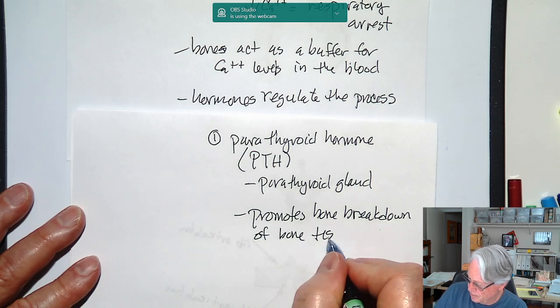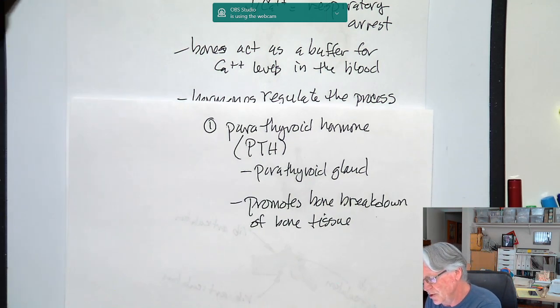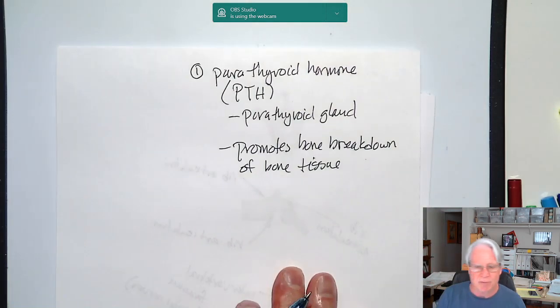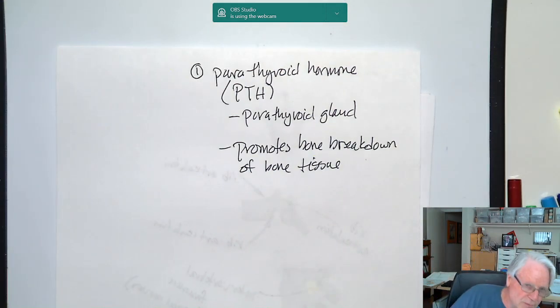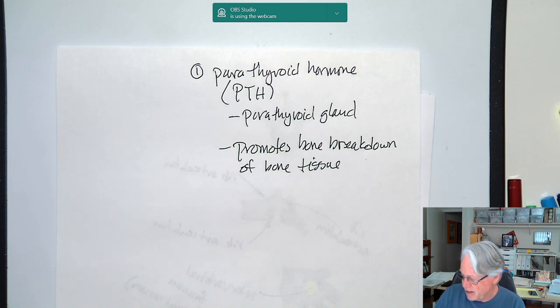And if you recall, the cells that are going to break down bone tissue is going to be the osteoclast. And if we looked at that picture, we saw that the minerals are being released into the interstitial fluid. So the parathyroid hormone is going to directly impact the behavior of osteoclasts.